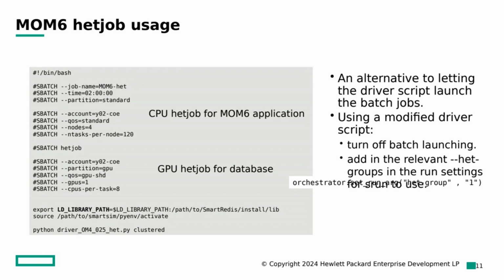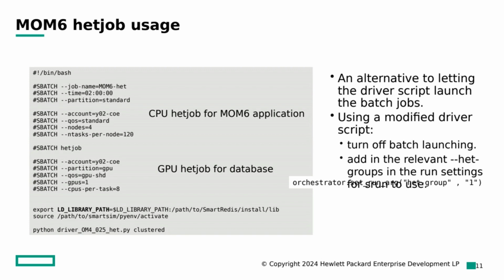And then what I also looked at, oh, I just made a mess of my slide, is using het jobs to do this rather than getting the driver script to launch the batch jobs. So in this case, you've got a het job for the CPU part running the application, and then a GPU het job for the database.